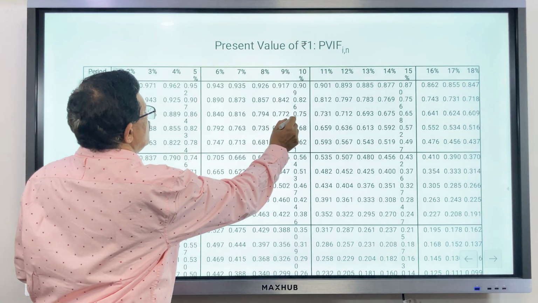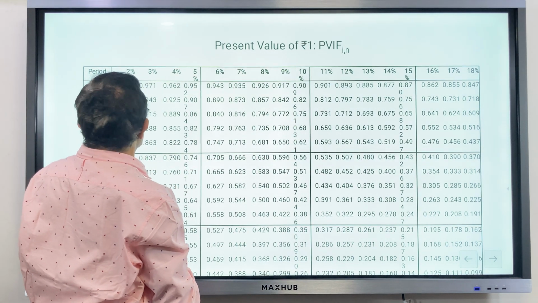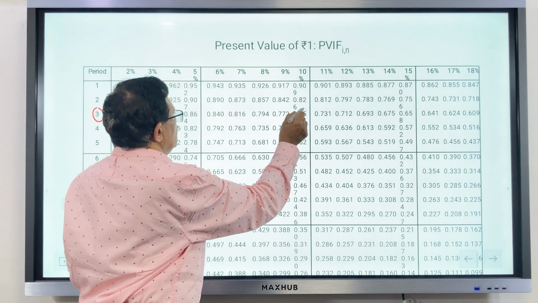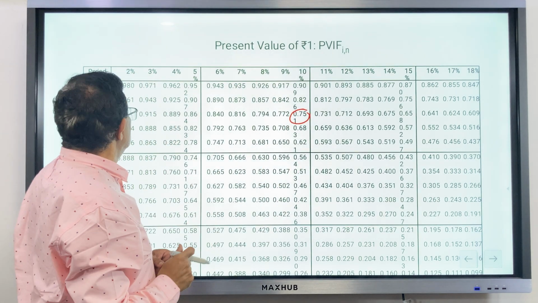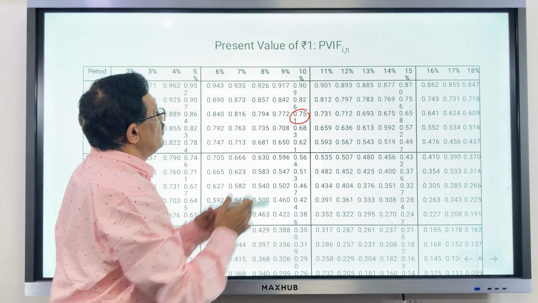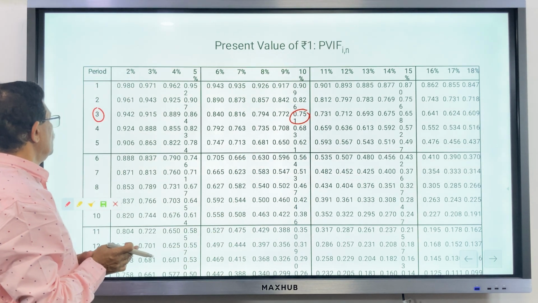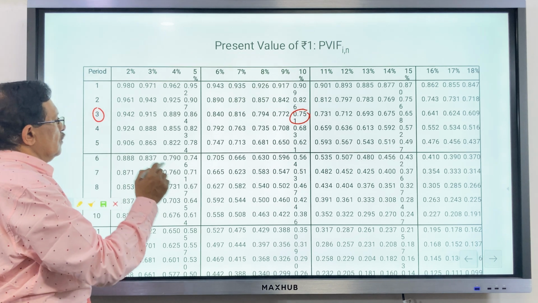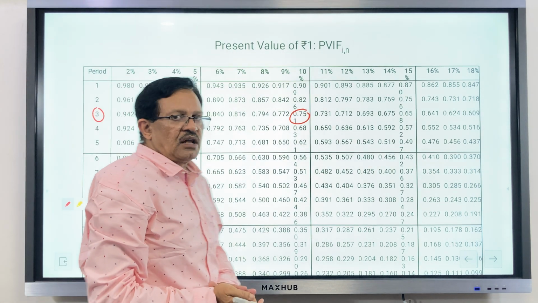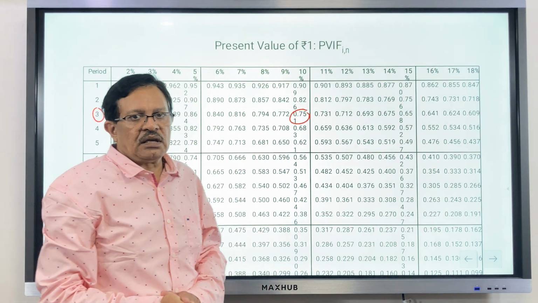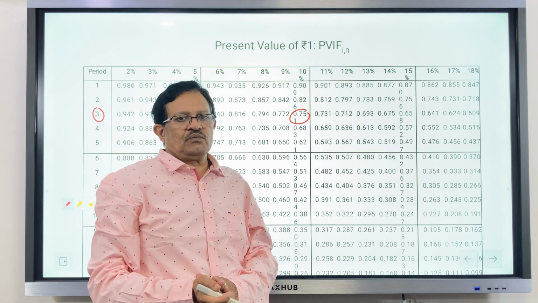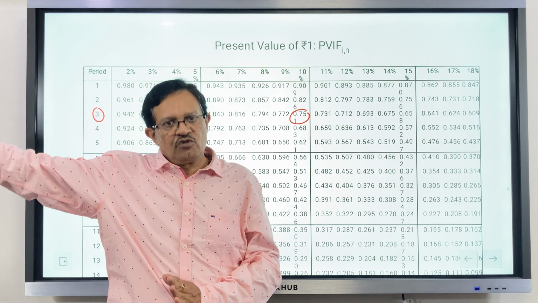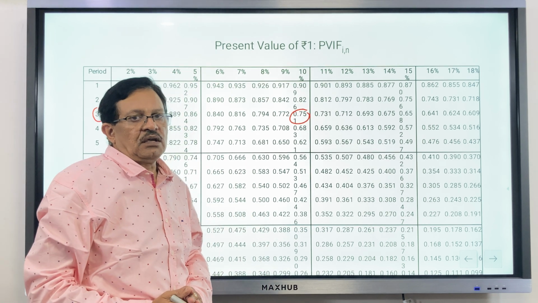So the value is 0.751. So we can use this particular table value for the first amount. For the second amount, similarly we can find out that particular thing. So by using this particular table values, we can find out easily any present value given the future value. Okay, thank you.